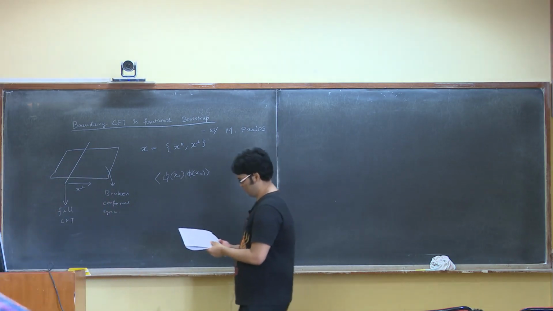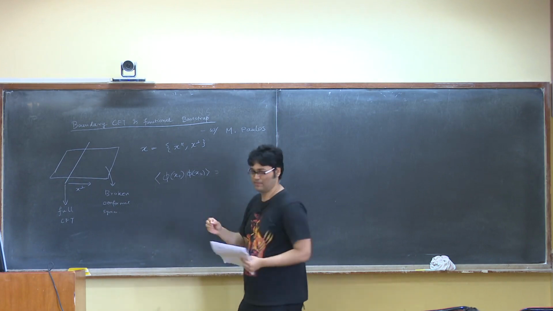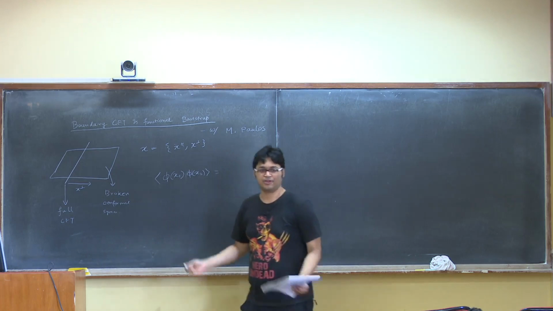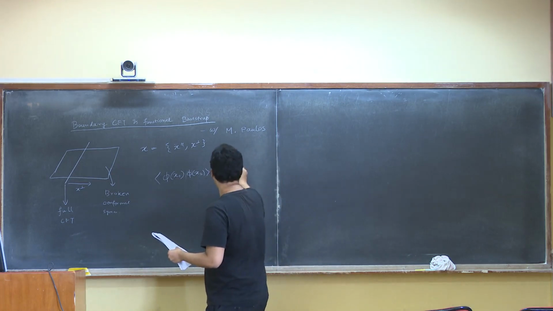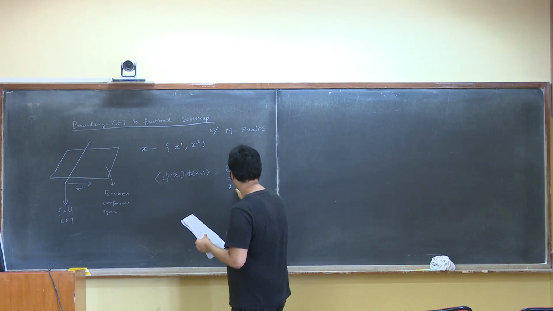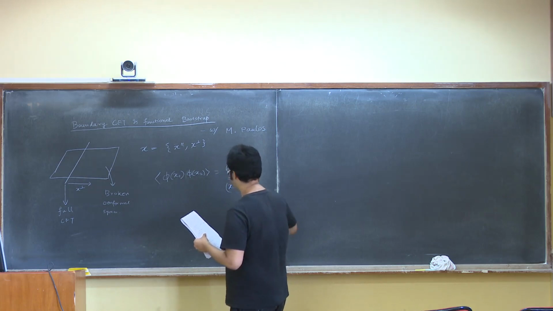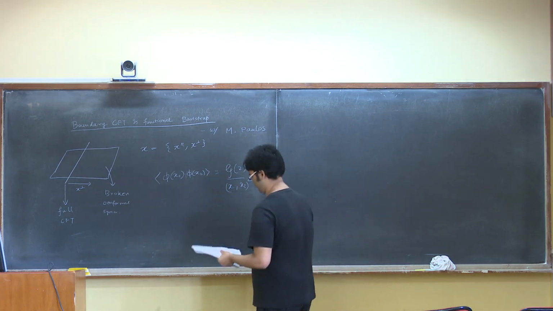Since the conformal symmetry is broken, it will not have the usual regular structure that we know for a CFT. It will have a generic structure, g of z over (x1 x2) to the power delta phi, where delta phi is the conformal dimension of phi.